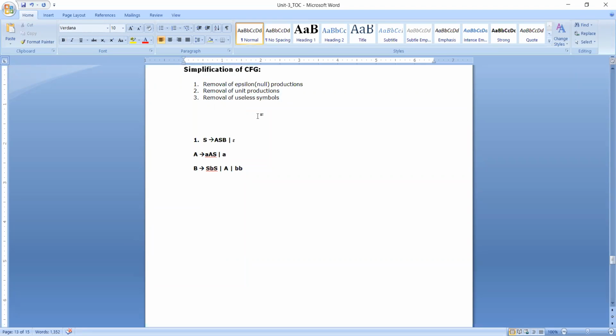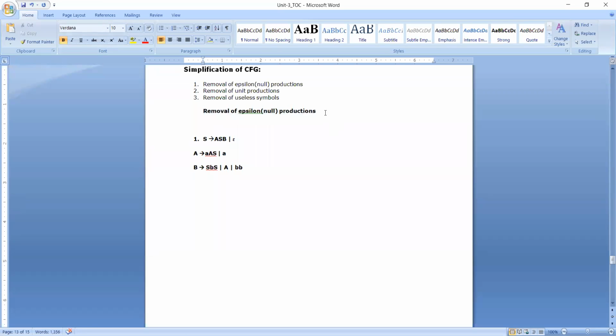Once we have the simplified context-free grammar, we can easily convert it into the corresponding normal form, either CNF or GNF. Now let us see how we are going to remove the epsilon productions or null productions, as part of our first step.